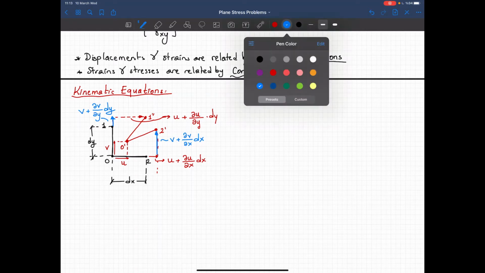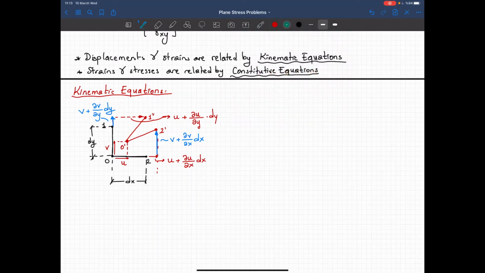And we have the angle changes, so let's plot that. So this angle is now, let's call this one beta 2 and this angle beta 1. So here I show all the changes, right?